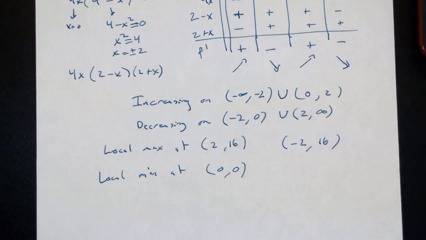This automatically tells me something about my window. If I want to graph this and see important parts, I have to go at least as high as 16, right? Should probably go a little bit above that. I have to go at least as low as 0. Probably a little bit below that. I'm already in a better picture position from top to bottom.